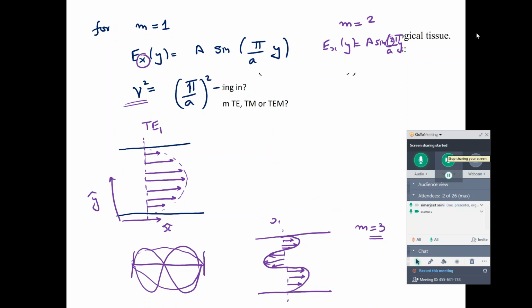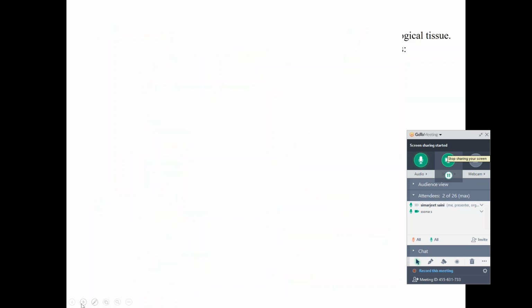So let's continue with this discussion on the solutions. And the next question which comes is, do these solutions always exist? And the answer is, we have to look at the cutoff frequency.